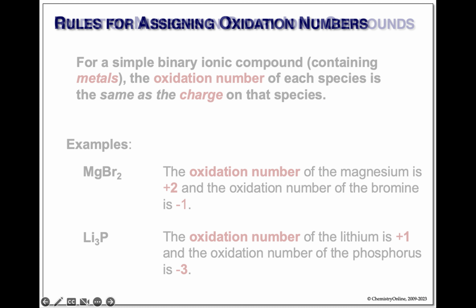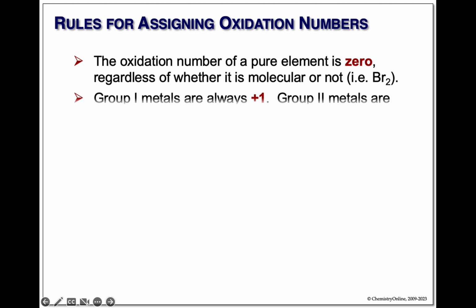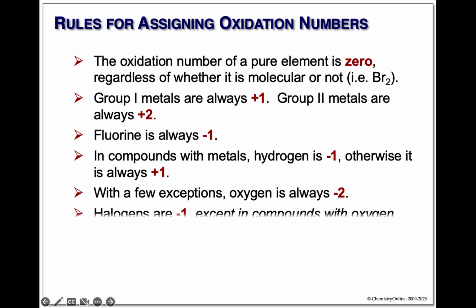If it's a nonmetal, it's a little more complicated, but not much. We've already done the first rule. Elements are zero. Group 1 metals are always +1. That's these guys. Group 2 will be +2.